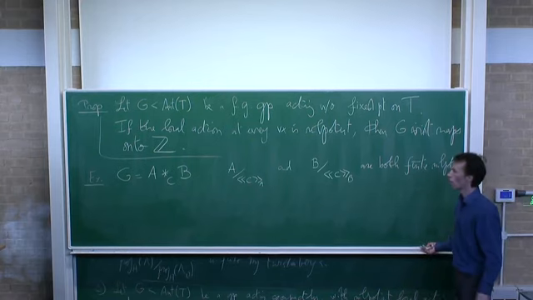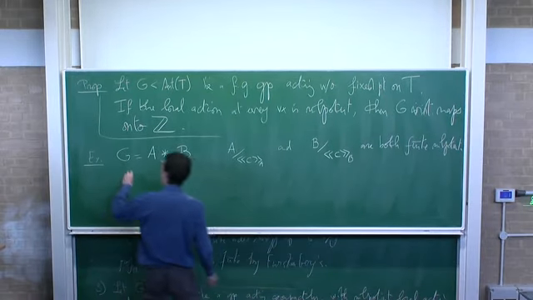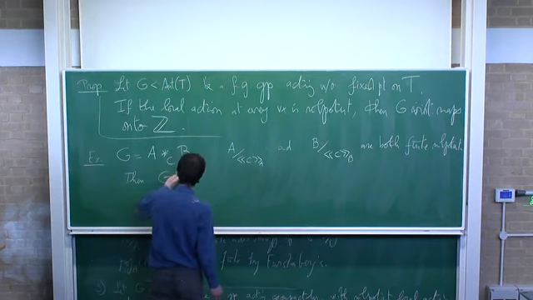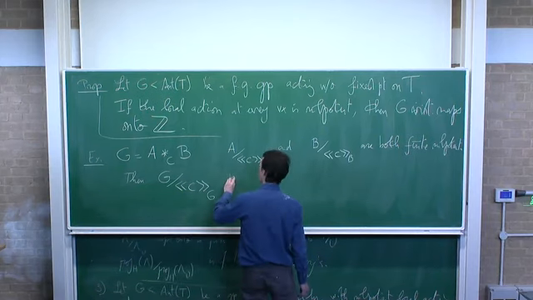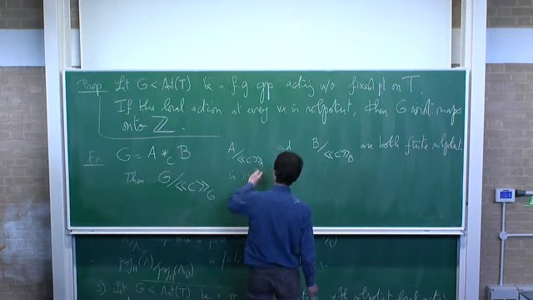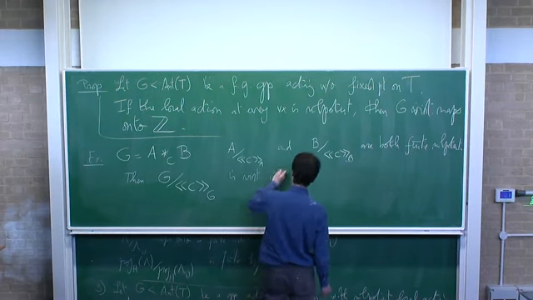Then G modulo the normal closure of C in B is virtually indicable.